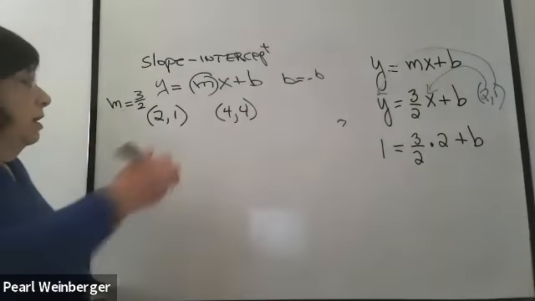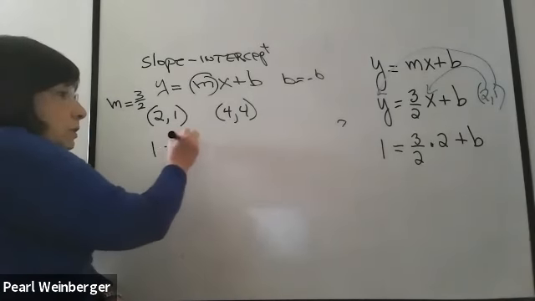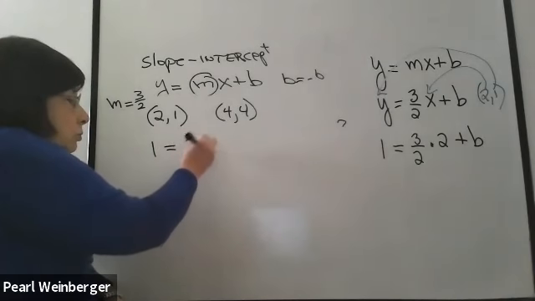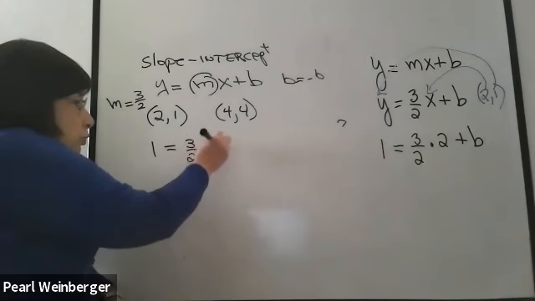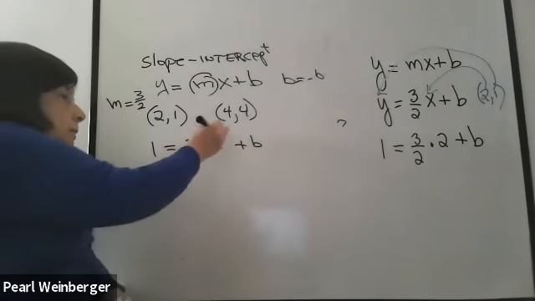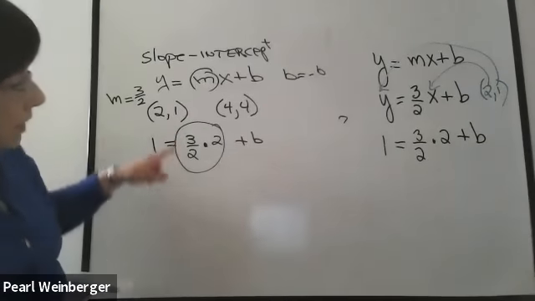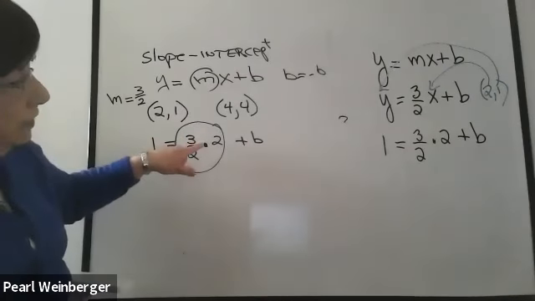And see, how do we solve something like this? 1 equals 3 over 2 times 2 plus b. And the big part here is, how do I multiply 3 over 2 times 2?